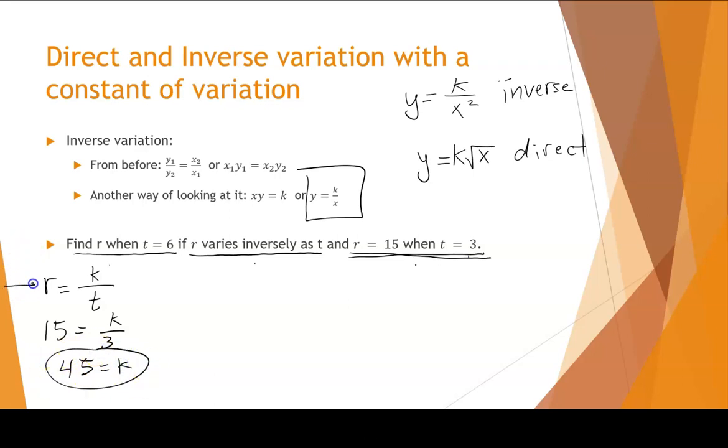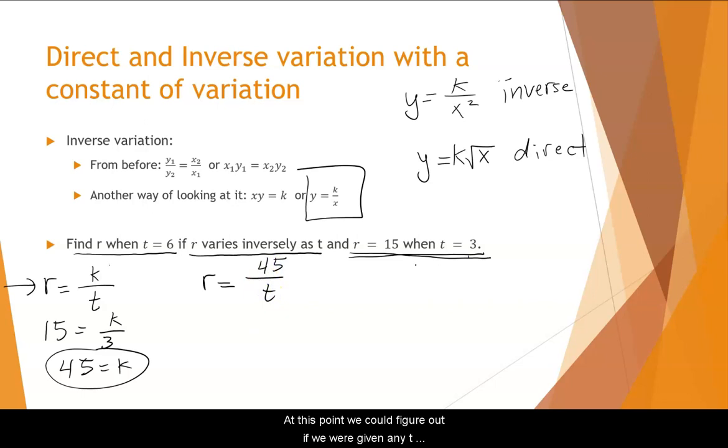So again, we took our form, which we knew because r varies inversely as t. We evaluated the information that we were given to find our constant, our k value. And now we're going to rewrite the equation with that constant of variation in it. In other words, this becomes r equals 45 divided by t.